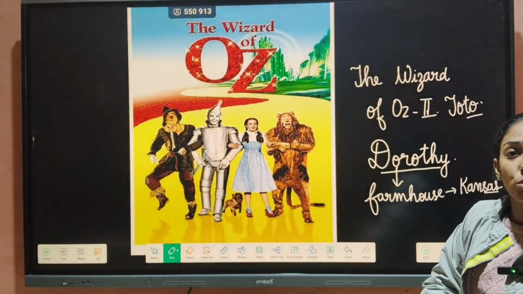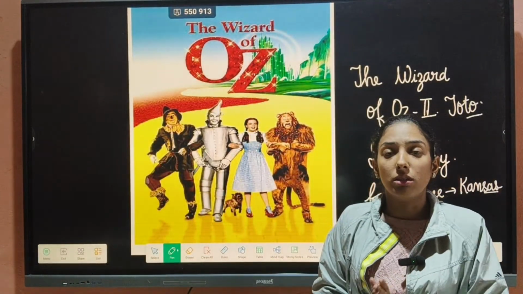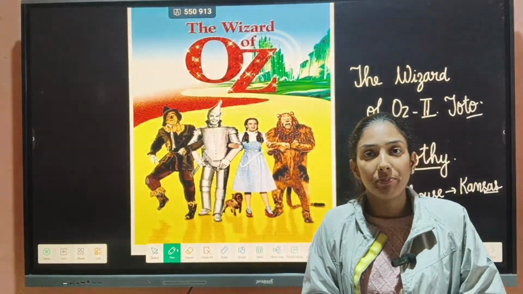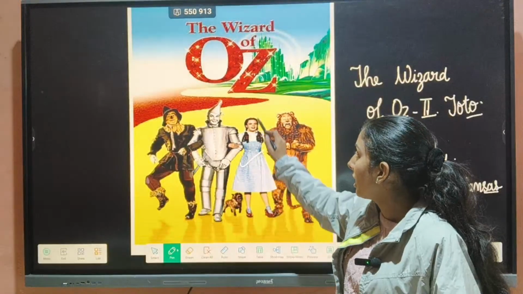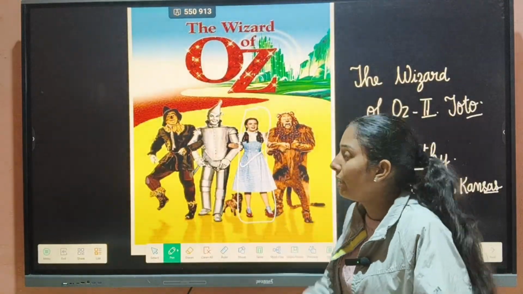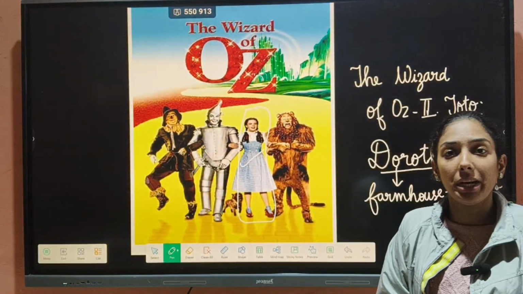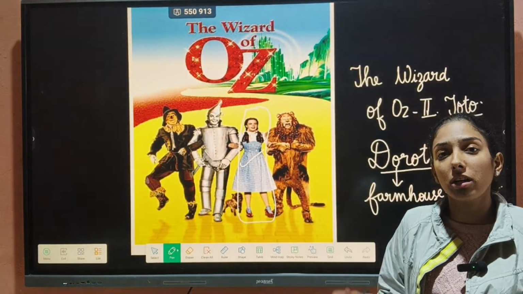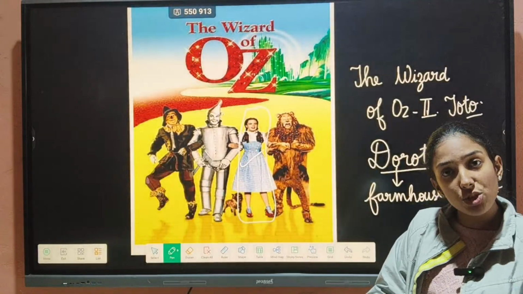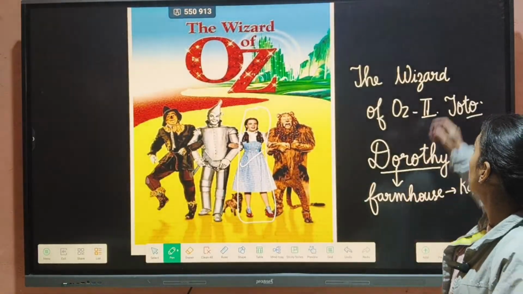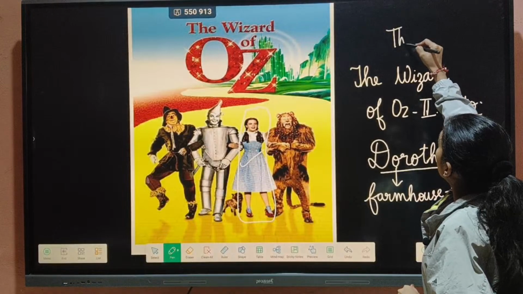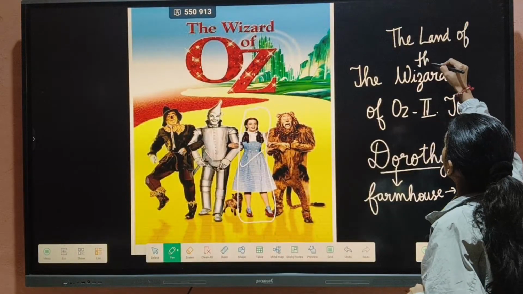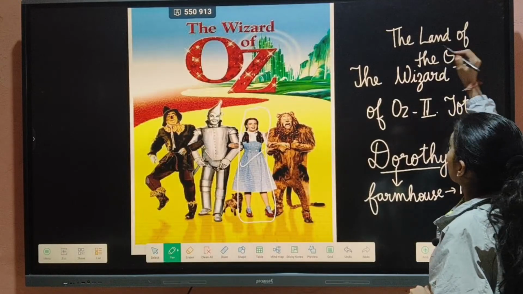Okay. So what was in this chapter? Let us do a recap. There was a girl, Dorothy. Okay. She was living in a farmhouse with her uncle and aunt. One day, a cyclone came, and her house, along with Dorothy and her dog inside it, were swept away to the land of Oz.